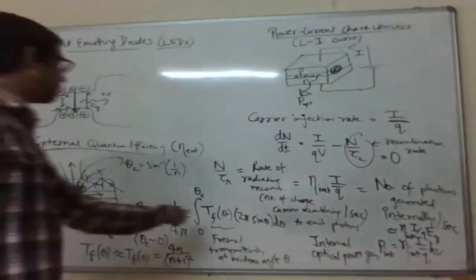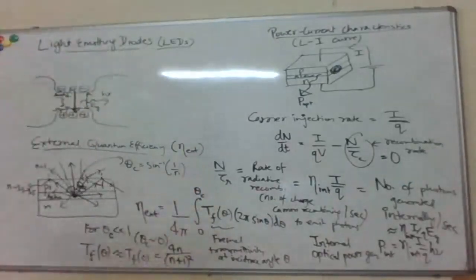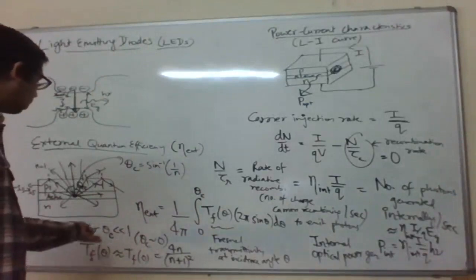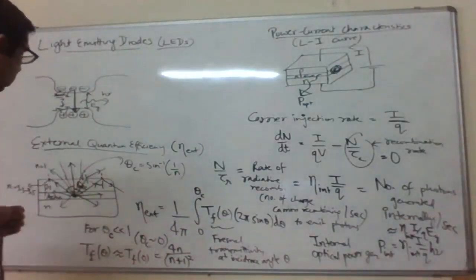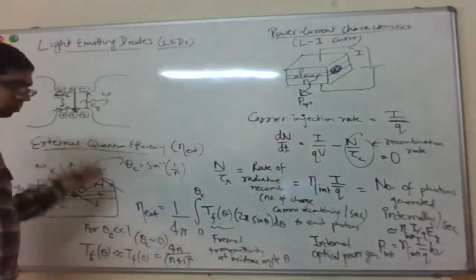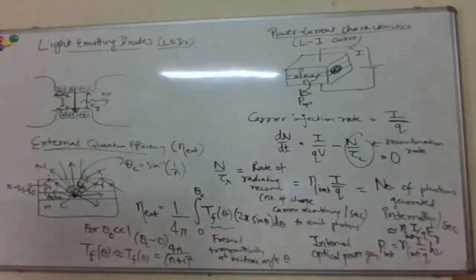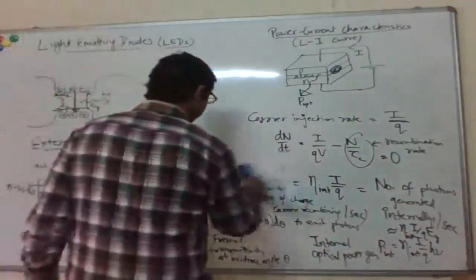Okay, so basically we get rid of this theta dependence here. Of course this slightly overestimates the power coming out, but the deviation is not too much, a few percent.